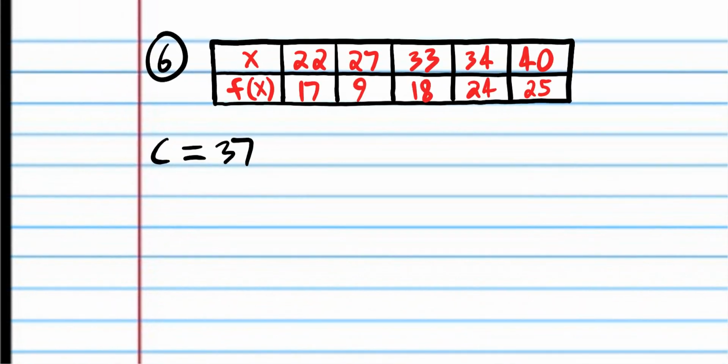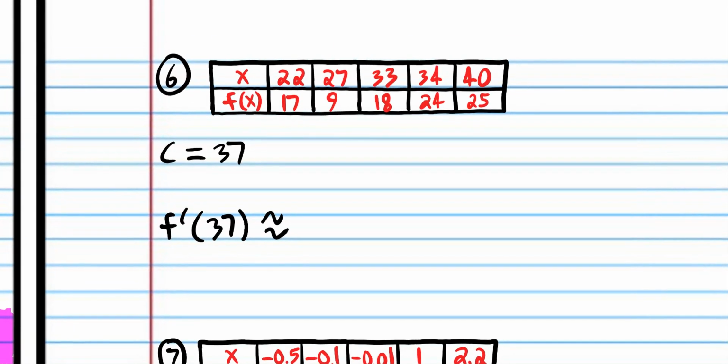So here we want to find the instantaneous rate of change of the function when x is equal to 37, and that's going to be approximately equal to the average rate of change of the function on some interval.